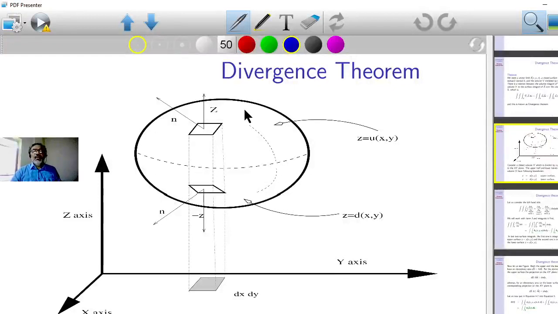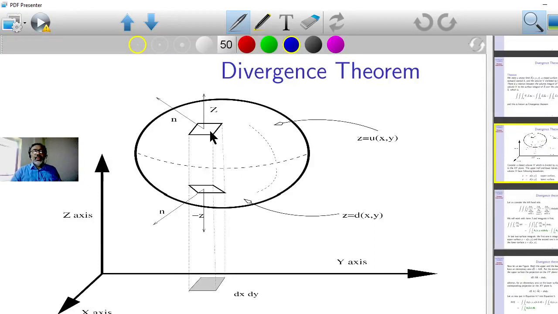The surface in the upper half has the equation z equal to u of x, y, where u is a function, and in the lower half the surface has the equation z equal to d of x, y, where d is a function of x, y.